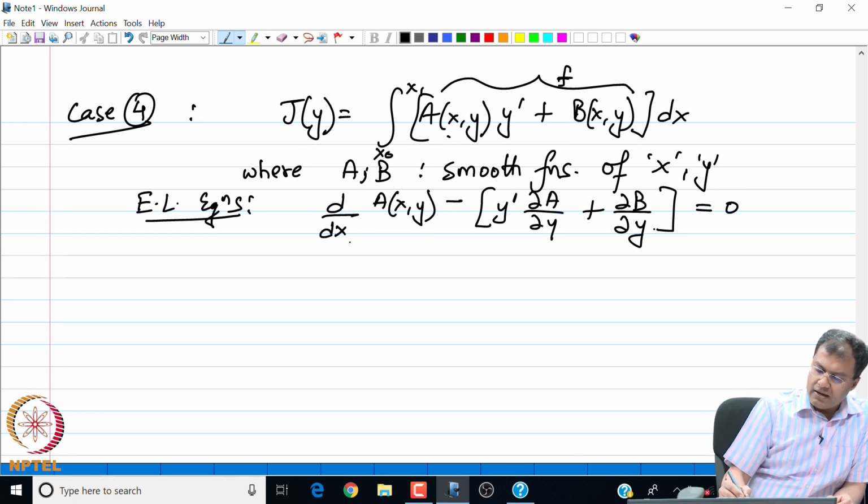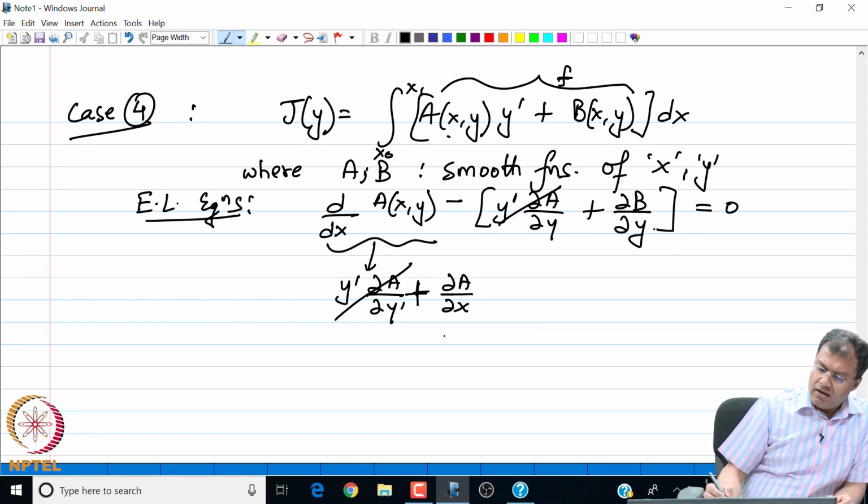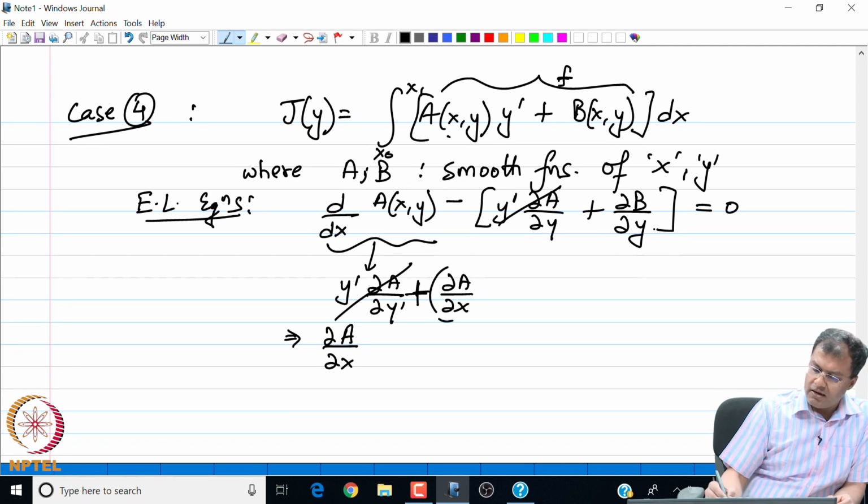Notice that we can always reduce this ordinary derivative into partial derivatives. So, this is also equal to y prime partial a partial y plus partial a partial x, right. So, we see that when we strike off this with this, we get the following expression. We see that the Euler-Lagrange reduces to the following neat expression, that partial a partial x, which is this quantity, is equal to partial b partial y, which is this quantity here, right.